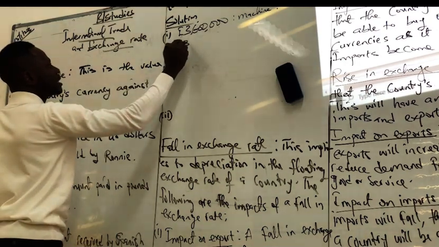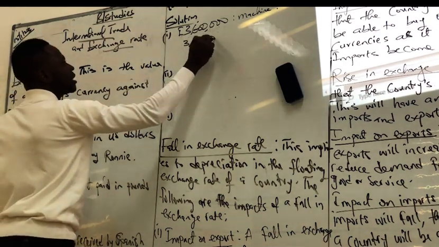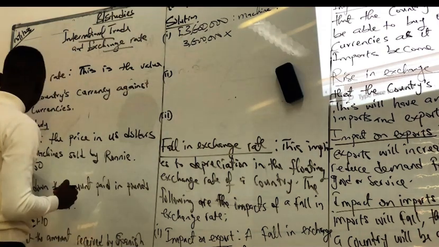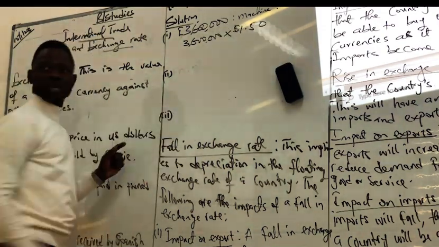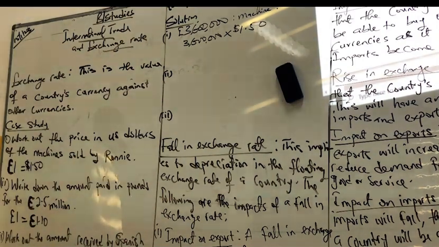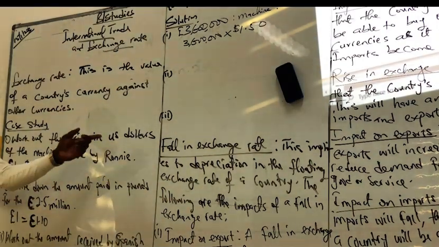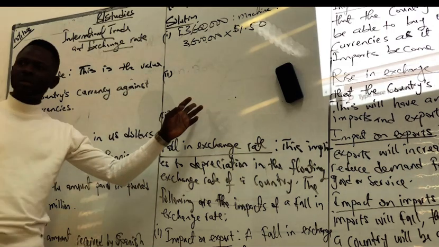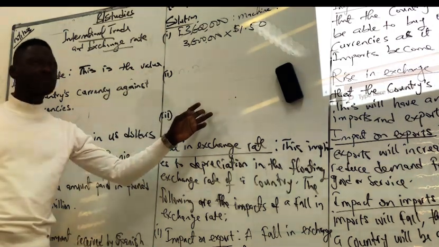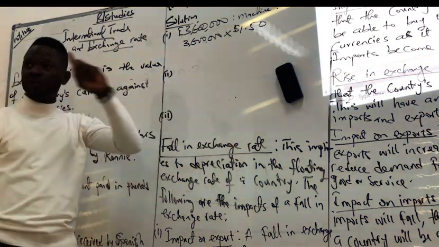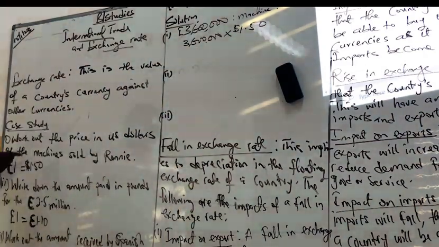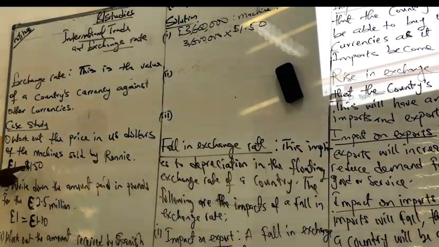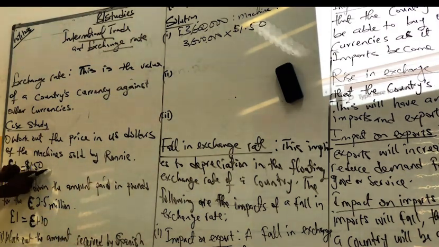That will be 3,600,000 multiplied by $1.50. Do you understand how it is like that, please? Yes. Zidane, please look at the board. Are you with us? Yes. If one of these is equivalent to this, 3 million of these will be multiplied by this.